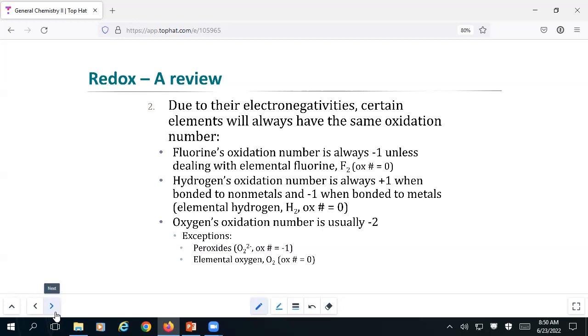When fluorine is in a molecule, it is going to have a -1 charge. And the reason for that is because fluorine is more electronegative than anybody. And so its ability to draw electrons to itself and at least superficially complete its octet is going to be pretty high.